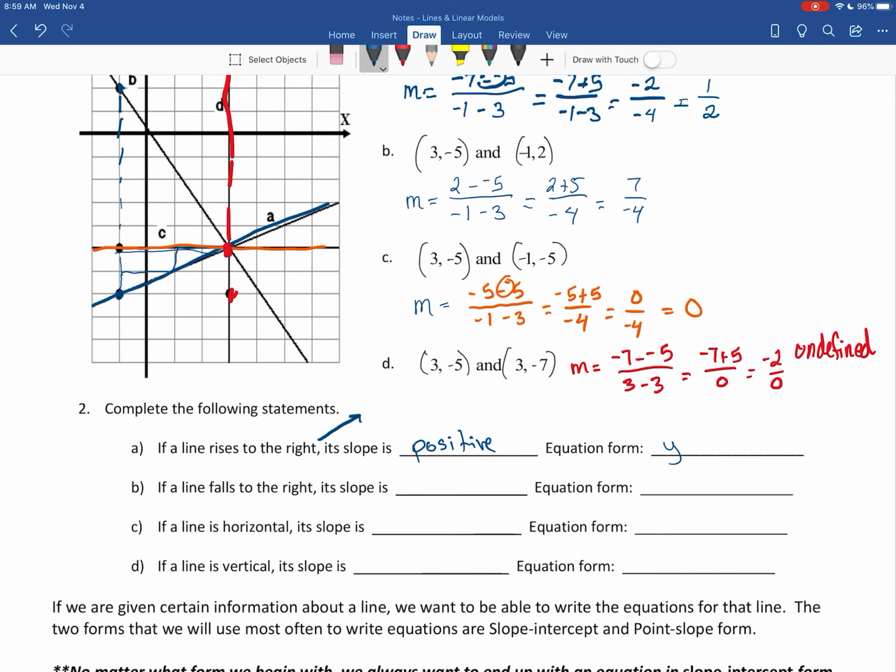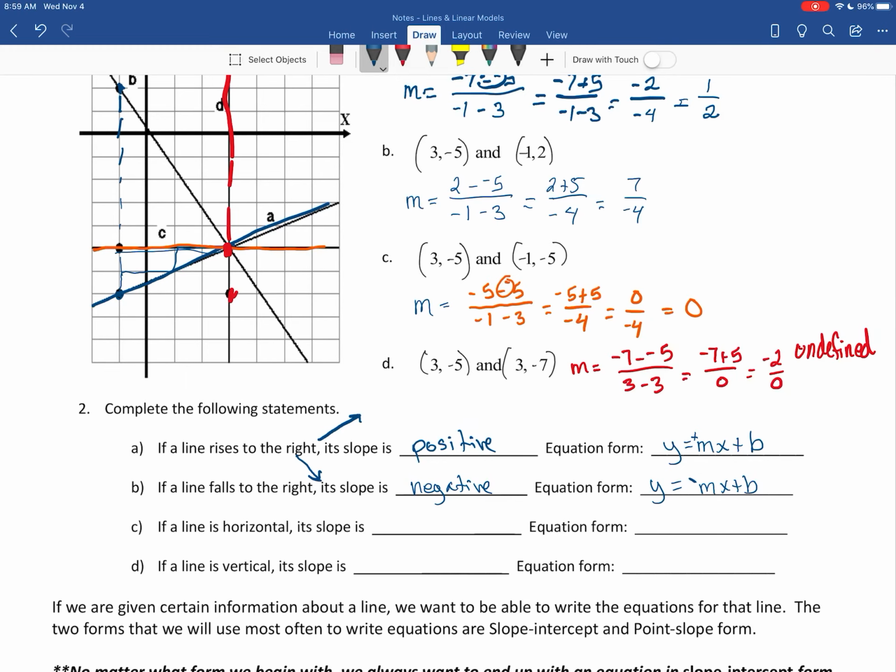It will have the form y equals mx plus b, where m is a positive value. If the line is falling to the right, its slope is negative, and it has the form y equals mx plus b, where m is a negative number, negative slope.